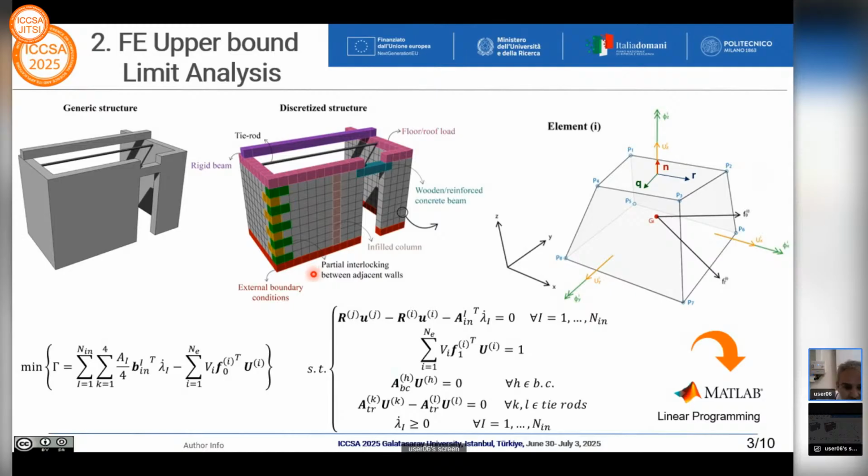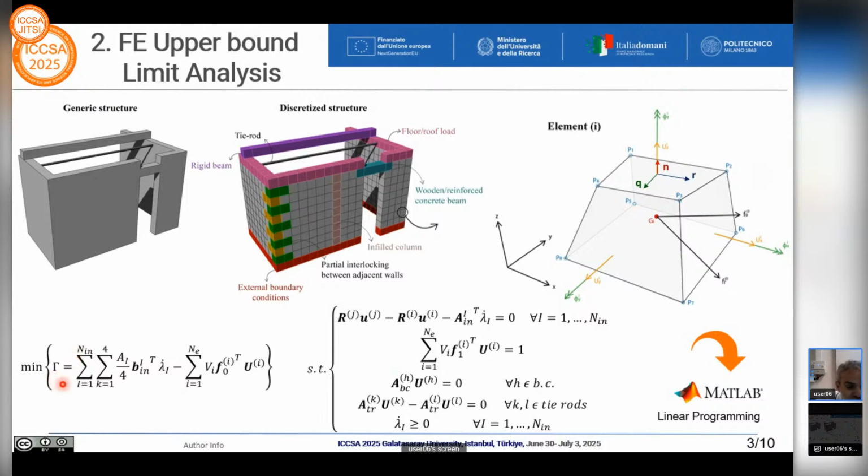non-tension material problem. Regardless of the strength domain that you select for the interfaces, when you discretize in limit analysis any kind of three-dimensional structure and you use an upper bound approach, the problem that you have to solve is automatized, and it consists in finding the minimum of a certain function that represents the collapse multiplier.